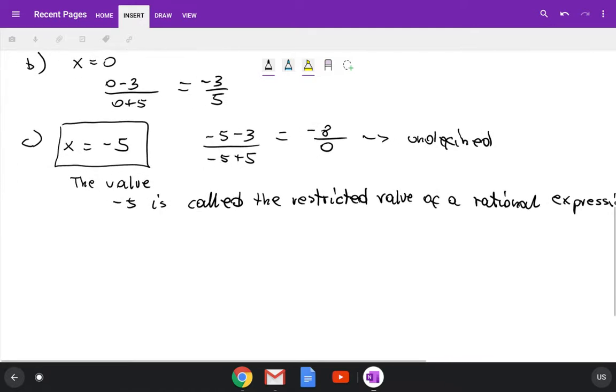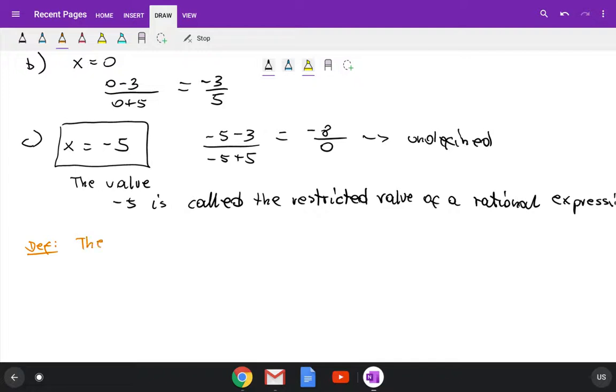Since we talk about this, let me give you the definition of the restricted values of a rational expression.